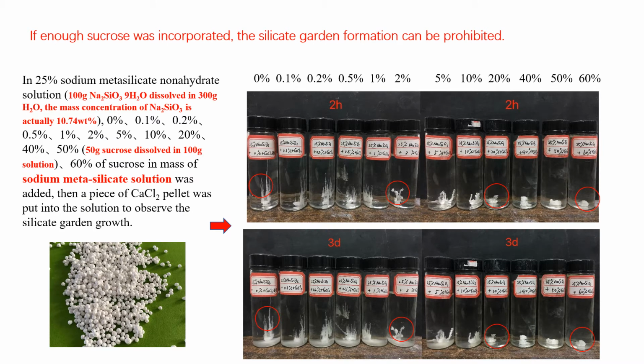To indicate the effect of sucrose on cement hydration, we did some experiments. Like here, it's a silicate garden formation experiment. We will find that if enough sucrose was incorporated, the silicate garden formation can even be prohibited like this.